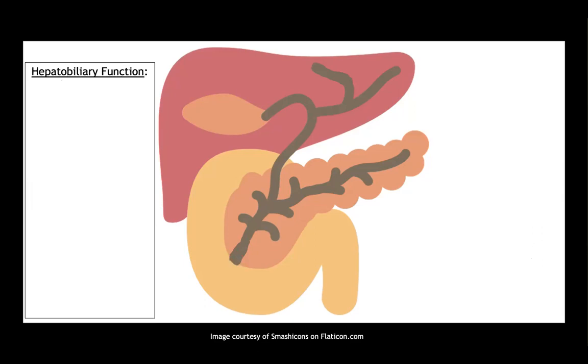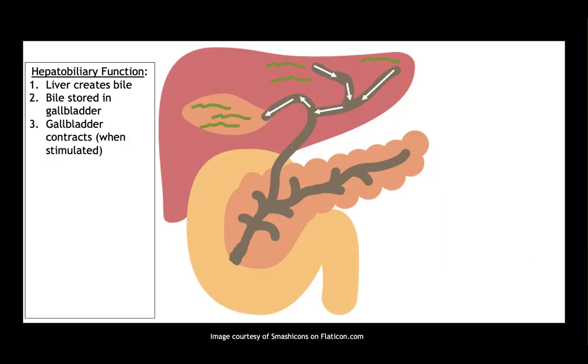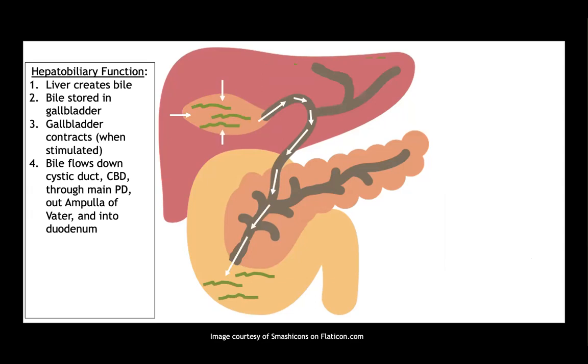So talking about hepatobiliary function, we'll go through exactly how bile and the pancreatic duct works. So the first thing that'll happen is the liver creates bile, and this bile gets sent to the gallbladder. Once the gallbladder is stimulated, it'll contract, and then that bile can flow down the common bile duct. Well, actually, we'll go in order.